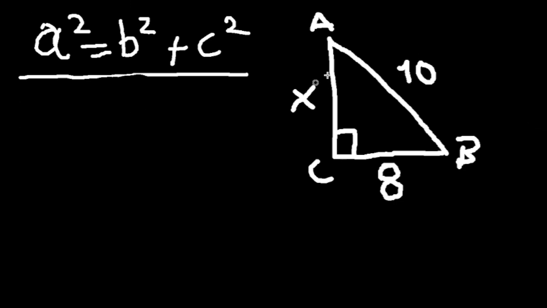Alright, so what we want to do now is put x squared, right, is equal to 10 squared, right? But since 10 is the biggest one, okay, bear with me here, 10 is the biggest one, so we don't want to add this to it because that would create this plus this, right?